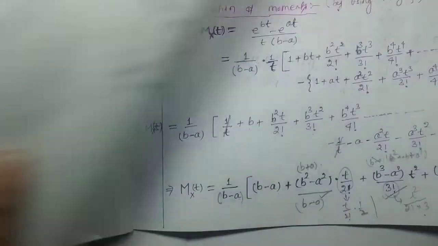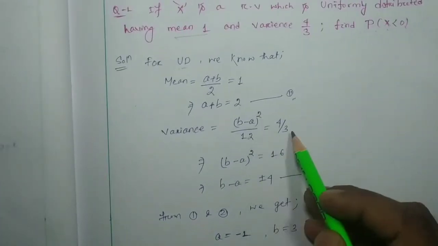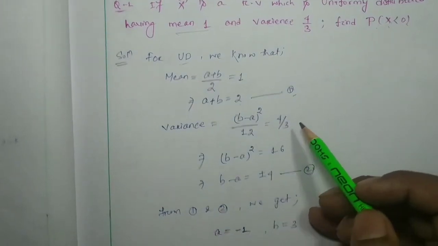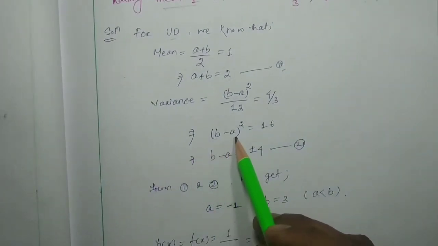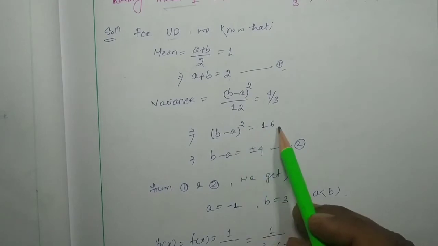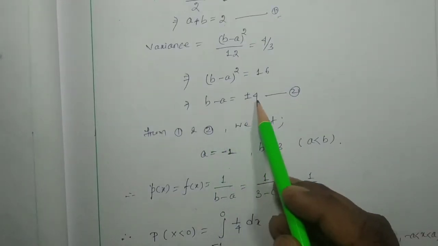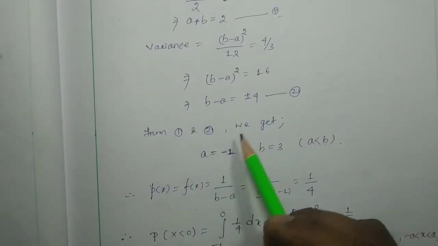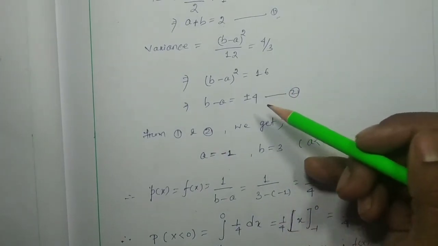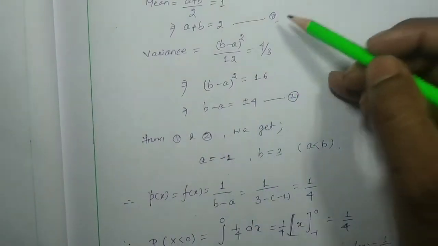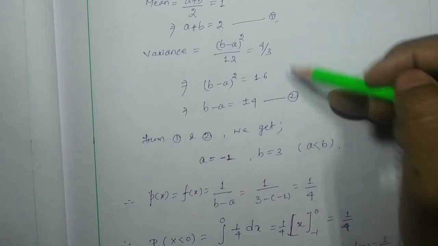So we have to consider that, that is b minus a whole square by 12 equal to 4 by 3, and that implies b minus a whole square equal to 16, b minus a equal to plus or minus 4. So now we are going to solve 1 and 2.